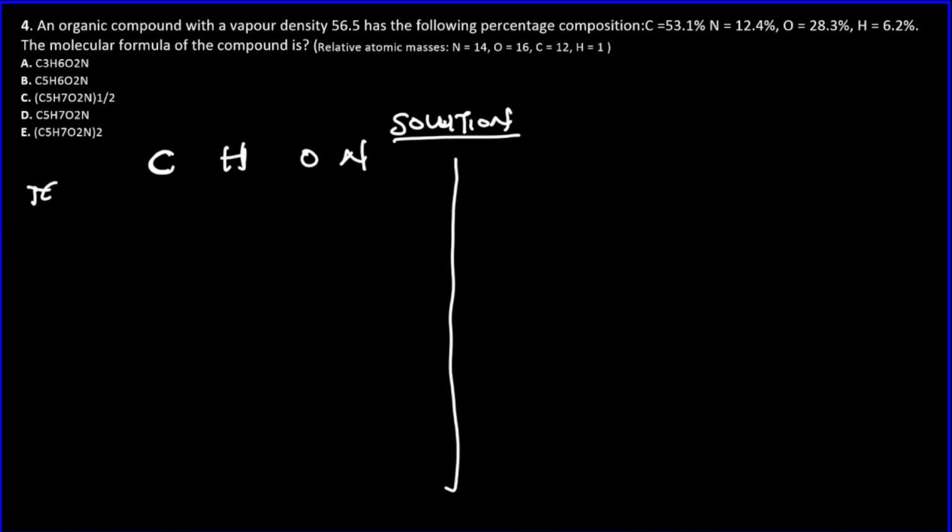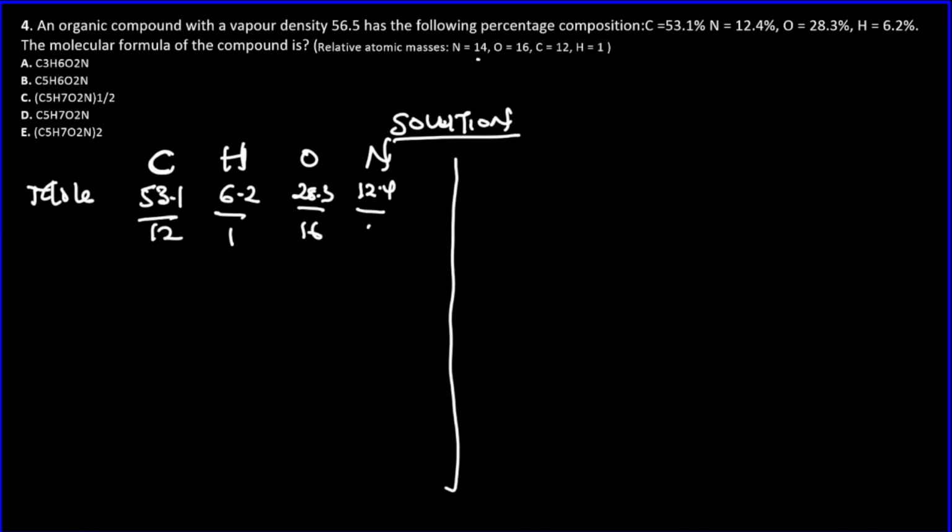Then we find the moles. The percentage by mass of carbon is 53.1, hydrogen is 6.2, oxygen is 28.3, and nitrogen is 12.4. Now you divide by the relative atomic masses: 12, 1, 16, and 14.